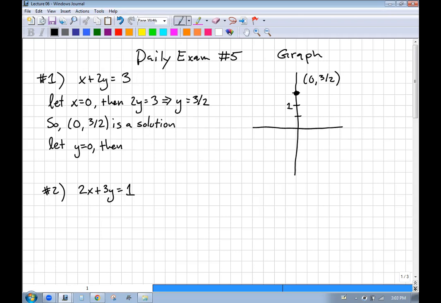If I let y be 0, then clearly x is equal to 3. So (3, 0) is a solution. Okay, so 1, 2, 3. This is (3, 0). And then we draw a line.